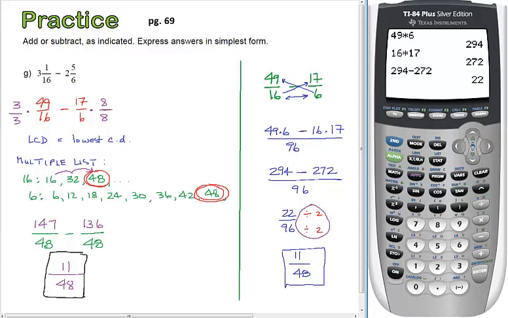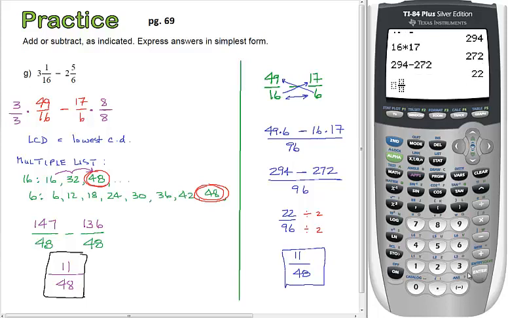Now let's just double check it all on the calculator. And again, anytime you're doing fractions on the calculator, use your shortcut to fraction, which is alpha and then Y equals. First one is improper or proper fraction. Second one is mixed, so hit number 2. So we had 3 and 1 over 16. Just use your arrow buttons to maneuver around each position, and then arrow again outside of that.